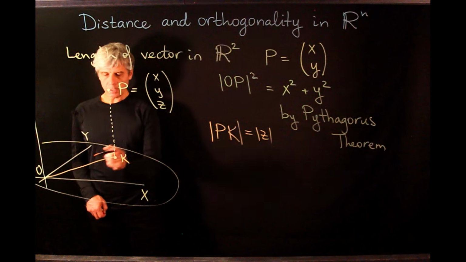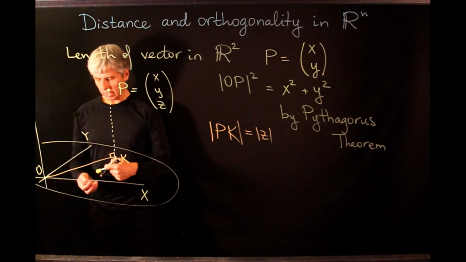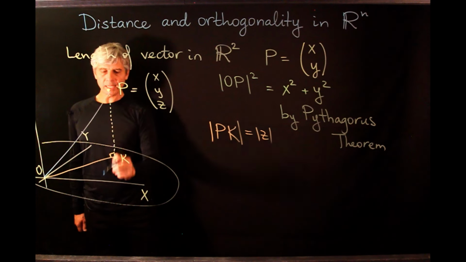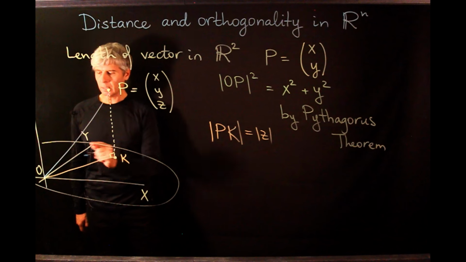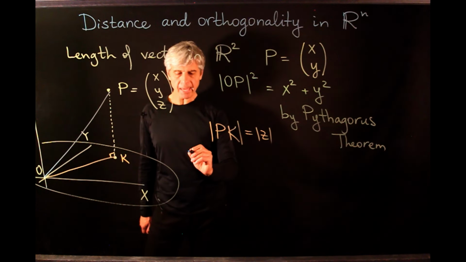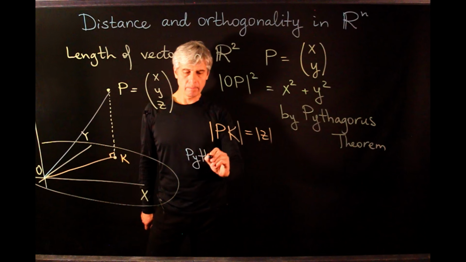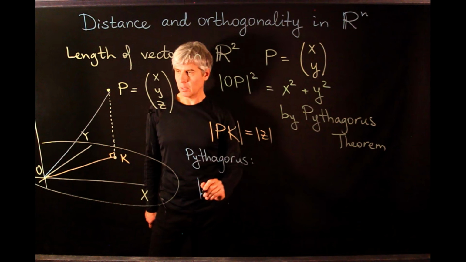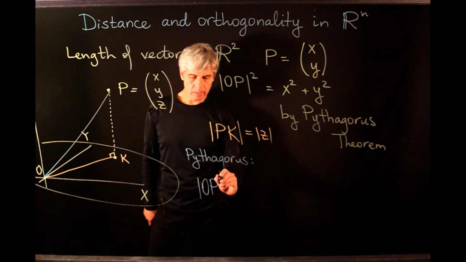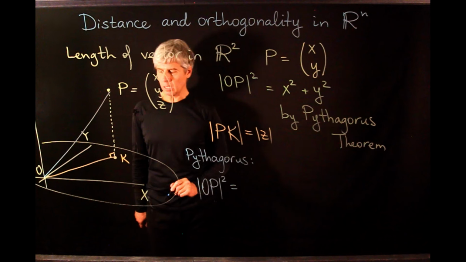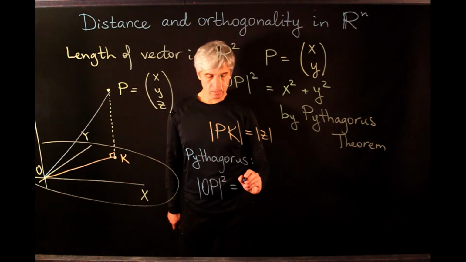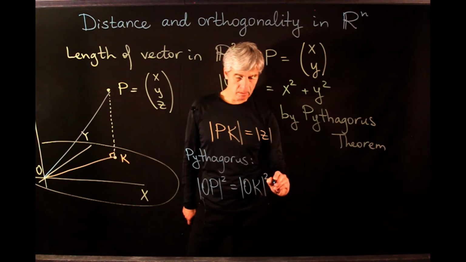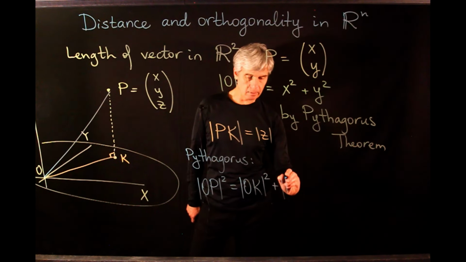Then if we consider the triangle OPK, this is a right triangle, and by Pythagoras, we have that the length of OP squared is equal to the length of OK squared plus the length of PK squared.